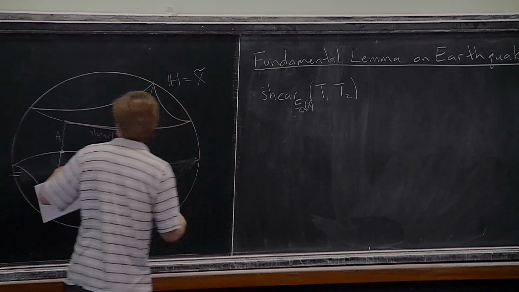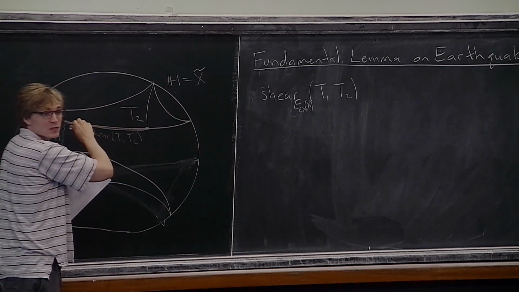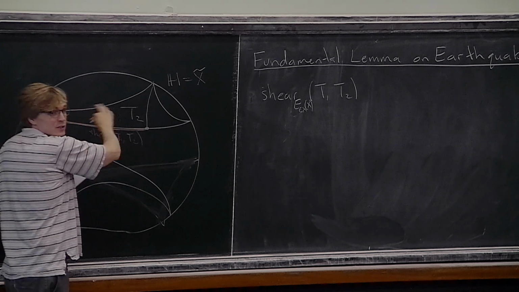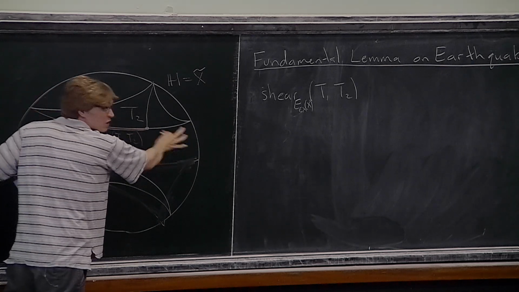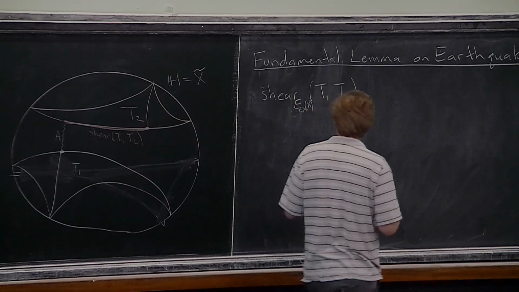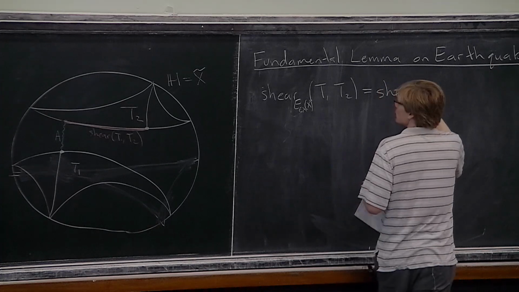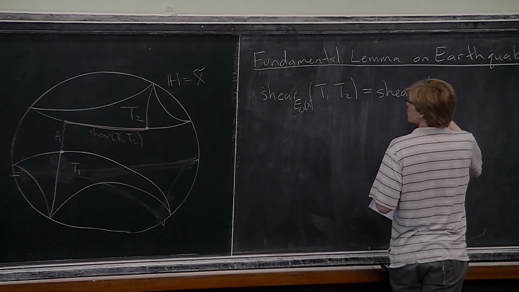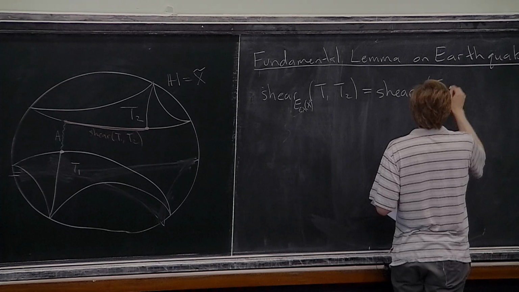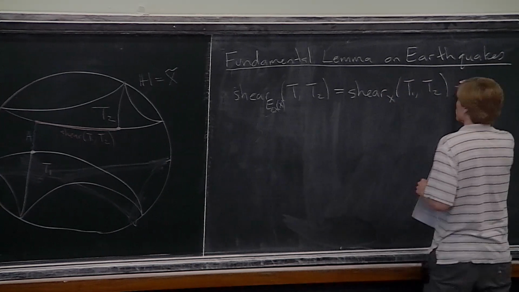And I could do that in the universal cover. So these two triangles are two triangles of lambda, or lambda tilde, and then many others. And so I could just do the earthquake upstairs if I want. I don't have to do it downstairs, if that clarifies anything. And I want to understand how that relates to the shear before doing the earthquake. Okay, and they're not equal.